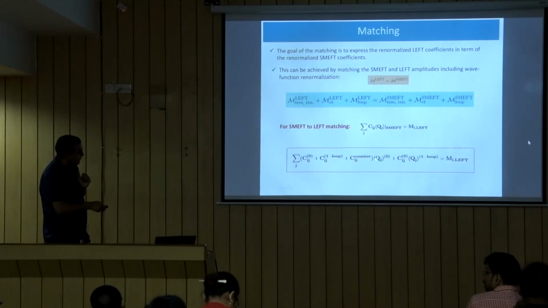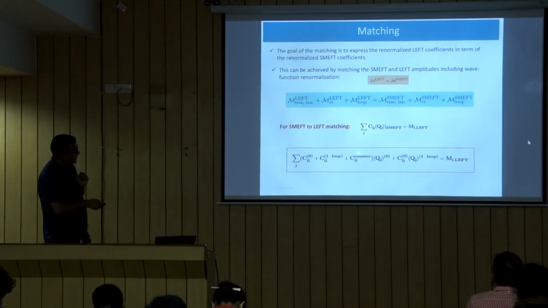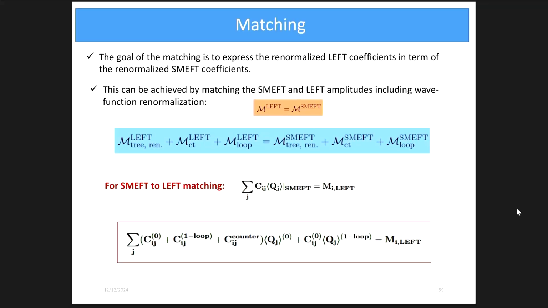So, this is how, if you expand, the left hand side will be associated with this: the part of the coefficient that should be convoluted with the tree level coefficients, the matrix element is given by this, and another part would be if you do one loop corrections to the effective operator. So, when would that be relevant?